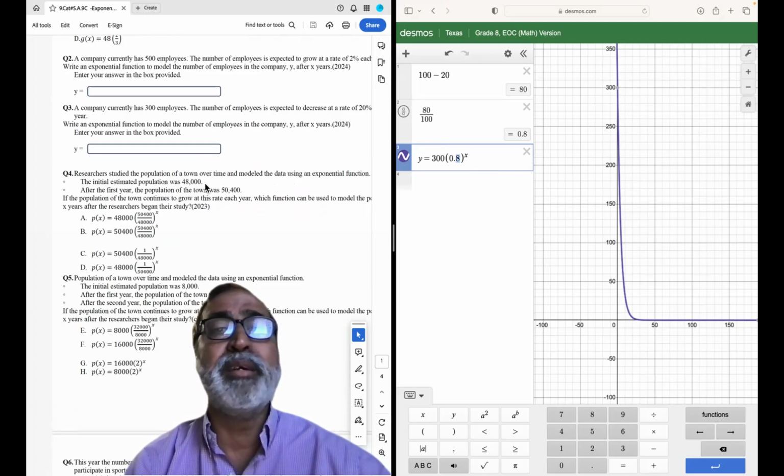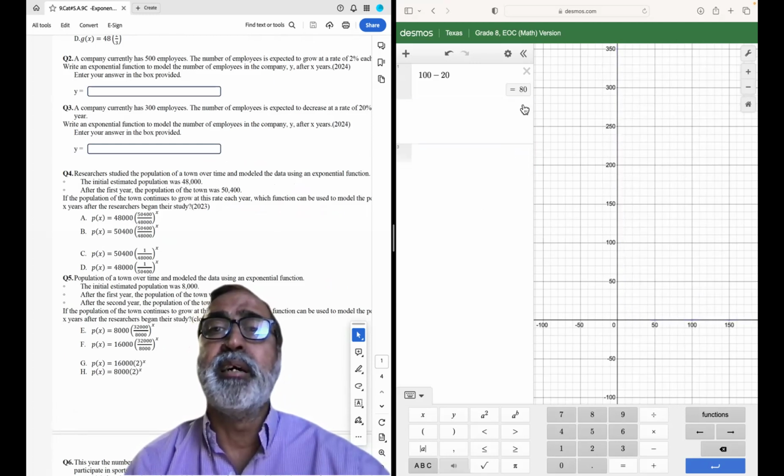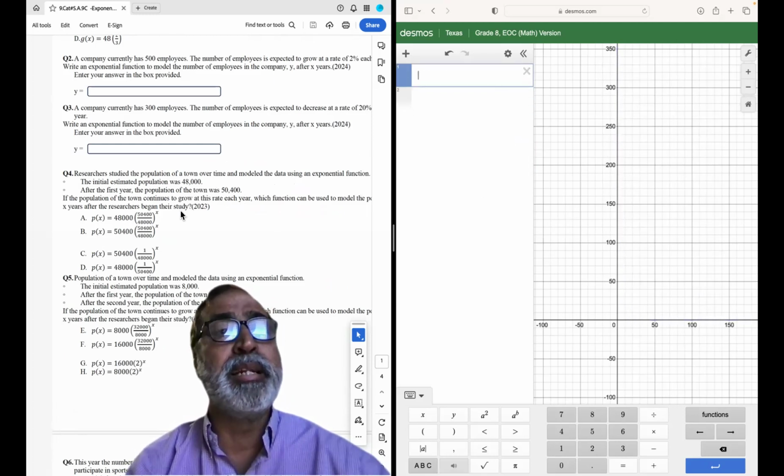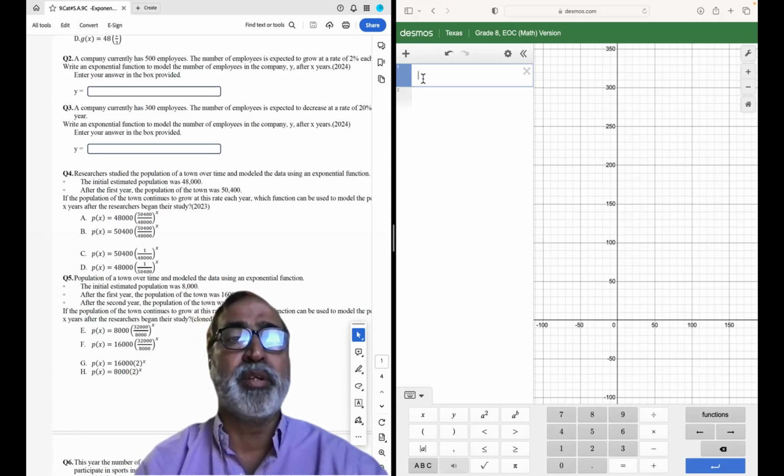You can also look at number 4. It says the initial value is 4,800, and the population of the town is growing at this rate. To find a growth rate, there's another way: divide the new value by the initial value.